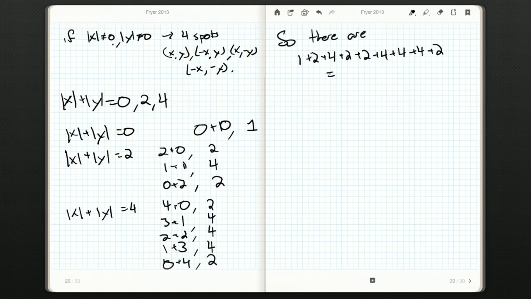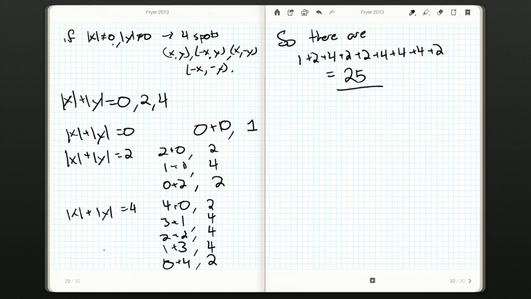And if we add all that up, we get 1 plus 8, and then that's 16, 25. So that gives us 25 different ways of doing it.